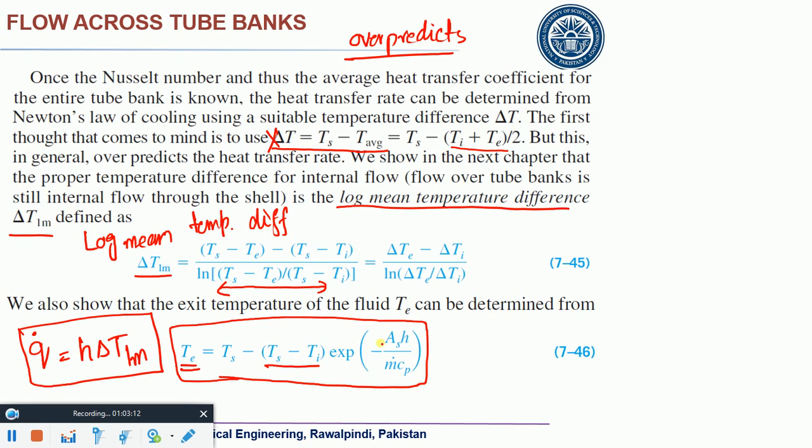So what should be the surface area? If you have the surface area for one tube, you need to multiply it with the total number of tubes. If you have, let's say, 20 tubes in some heat exchanger, you need to multiply one surface area with the total number of tubes.